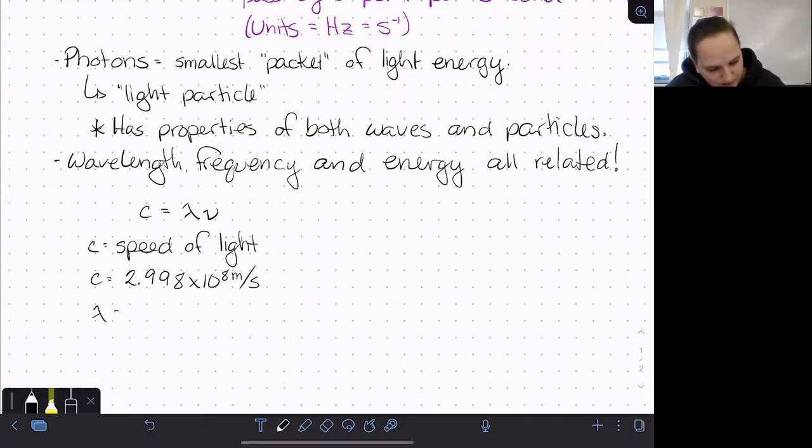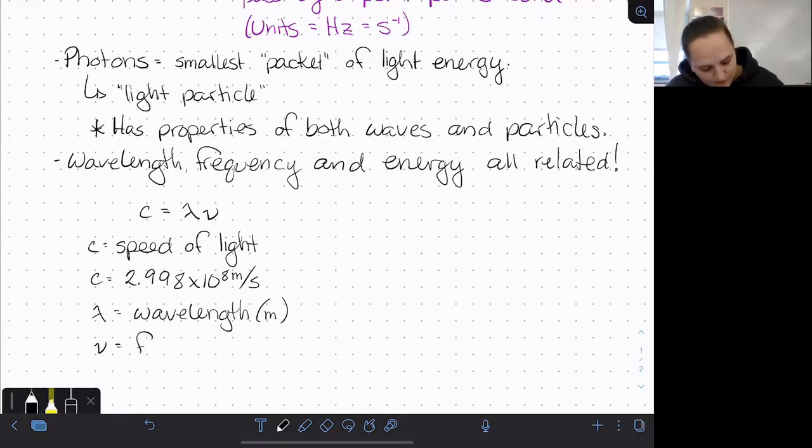Then lambda is our wavelength, which if we're using the speed of light in meters per second, we want our wavelength in meters. Those length units need to match. So if you have a wavelength in a different unit, you either need to convert that to meters or convert the speed of light into whatever unit your wavelength is in, so that those length units match.